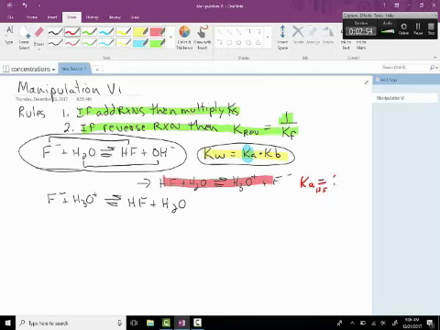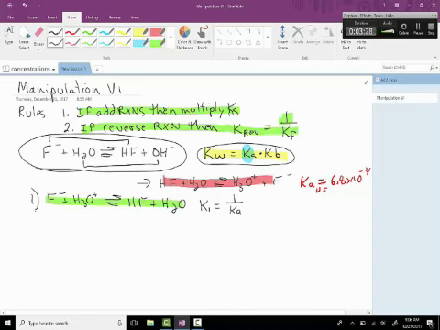It is 6.8 times 10 to the minus 4. Good enough. Now, for this reaction, the F minus and the H3O plus, I actually have the reverse reaction. So I'm going to label this reaction 1, and K1 is equal to 1 over Ka by rule number 2 up above.